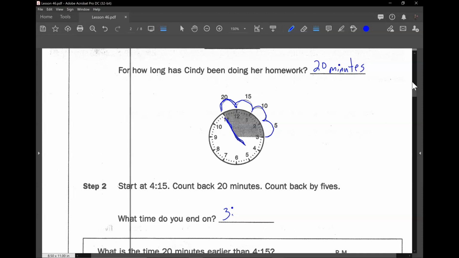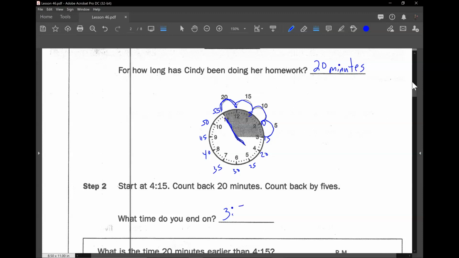And now we have to count by 5s until we get to the 11. So that would be counting the other way now. So that would be 5, 10, 15, 20, 25, 30, 35, 40, 45, 50, 55.